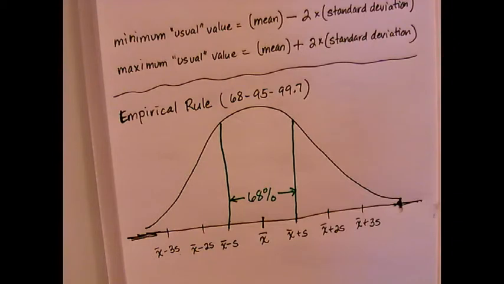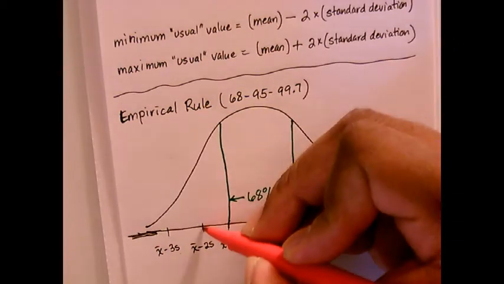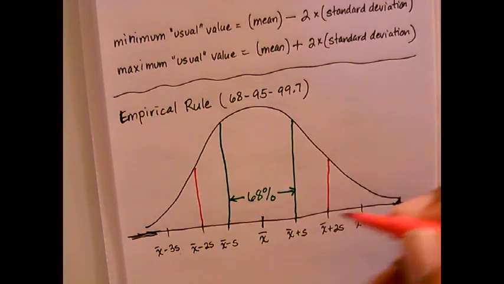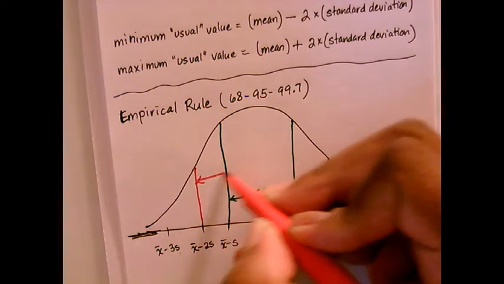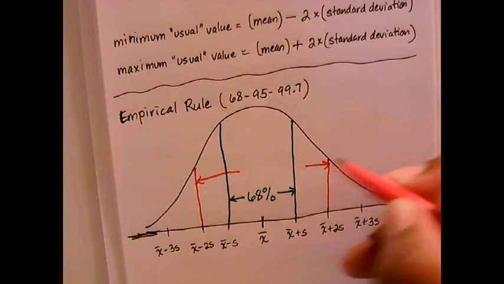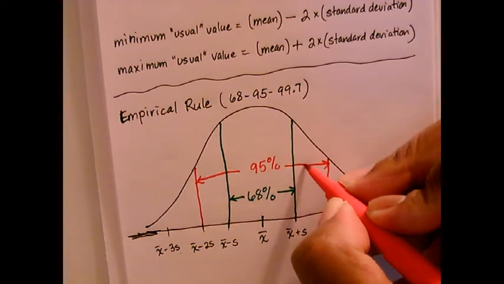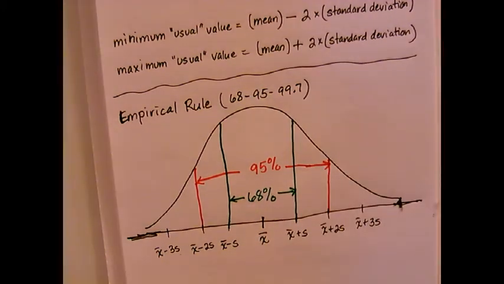Now, if I go out two standard deviations to the left and to the right, that's this area here. According to the empirical rule, 95% of those data values will lie within two standard deviations of the mean.